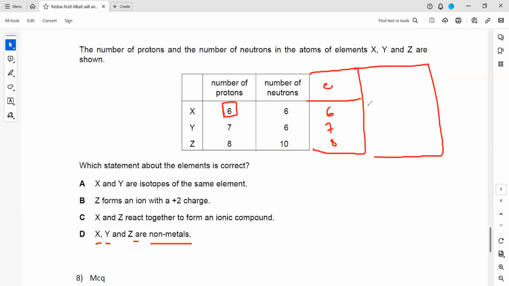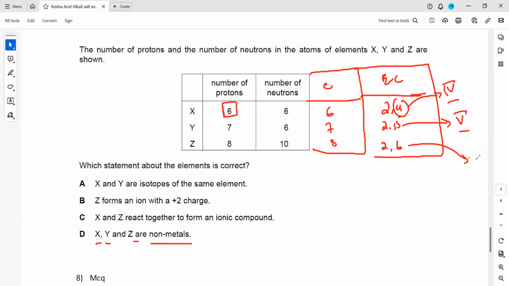The electronic configurations are: 6 electrons, 2, 4; 7 electrons, 2, 5; 8 electrons, 2, 6. So this belongs to group 4, where we find non-metals. This belongs to group 5, non-metal. This belongs to group 6, non-metal. So X, Y, and Z are all non-metals.